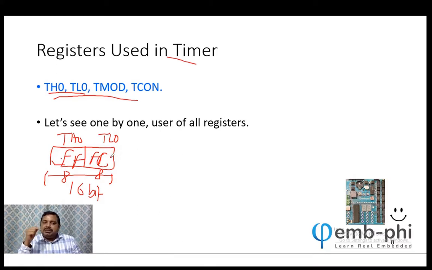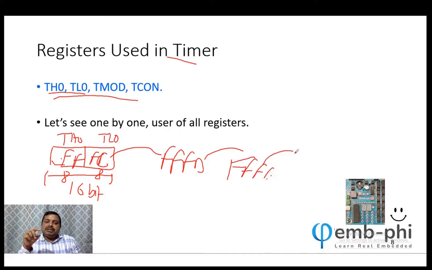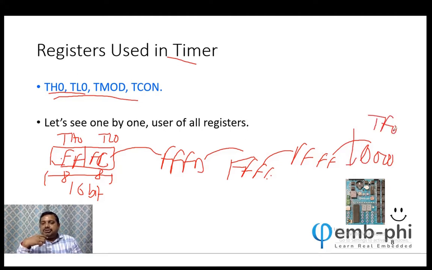But once I say timer start, after 1.08 microsecond it will become FF, FD. After 1.08 microsecond, it will become FF, FE. After 1.08 microsecond, it will become FF, FF. After 1.08 microsecond, it will become 0000.